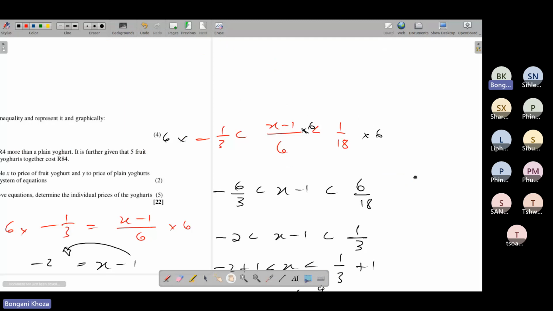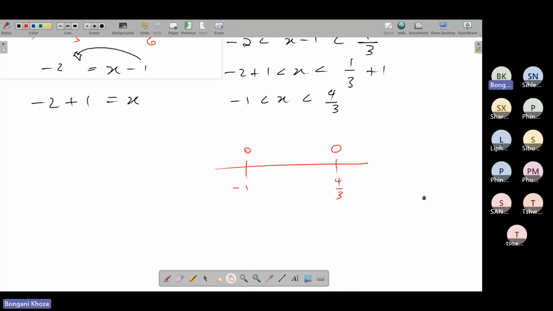This is us representing the numbers graphically. So we are saying that the x value has to be greater than -1 going that side, but it has to be less than 4/3 going that side. Hence, we have this line joining like that. Any questions on that one?